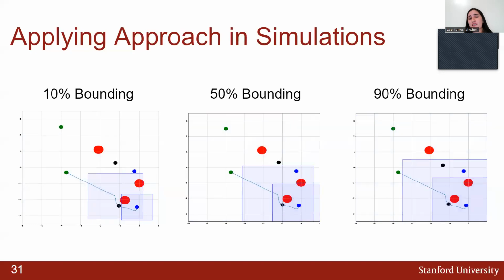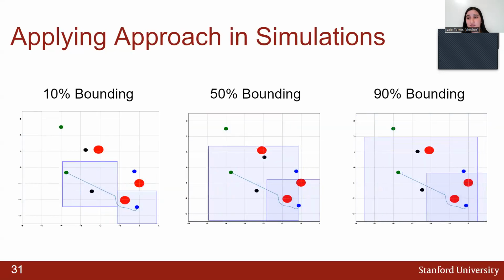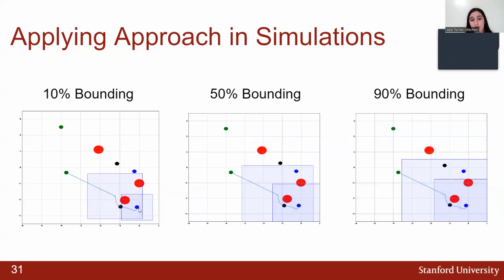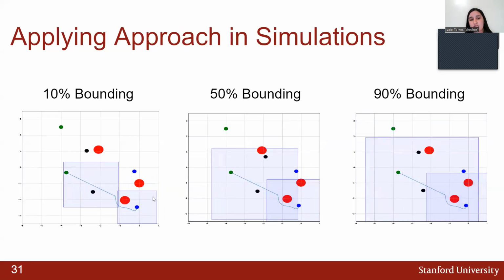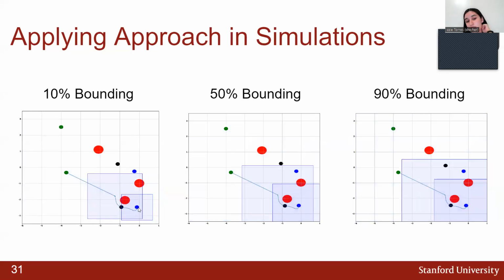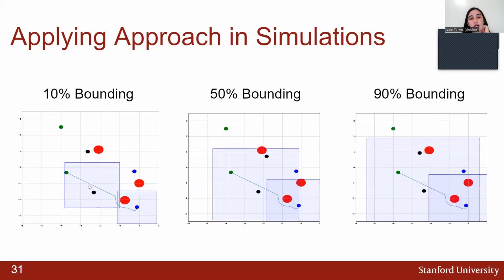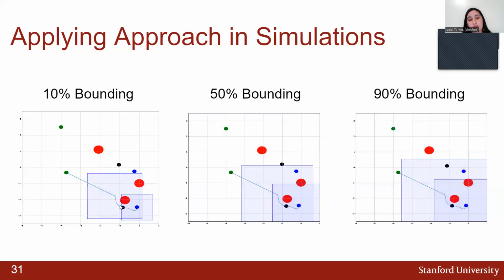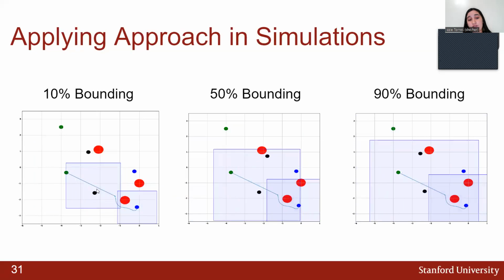So now we look at the same graph, but with our different bounding approaches. We look at first 10% bounding, and so the square that stays centered on the original starting point, that's the fault-based FRS. You have this zonotope that's moving with the agent. That is the intent-based FRS.